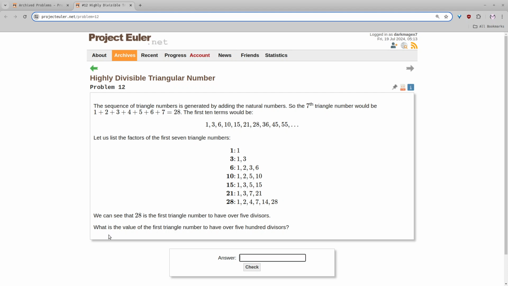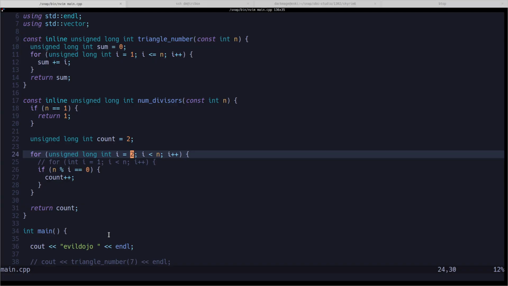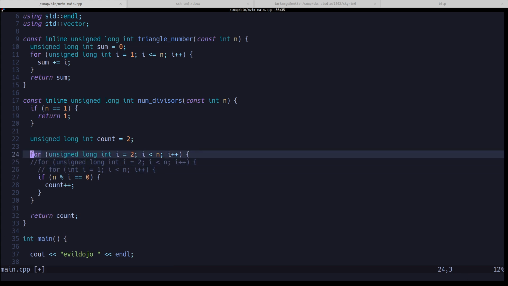So we wouldn't even have to go that far. For instance, for 15, the largest number that we would have to check would be 7.5. So right away, we can eliminate something like half of the values that we have to check for.